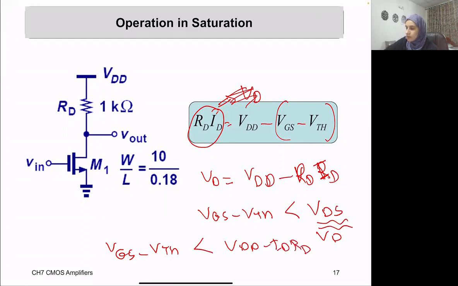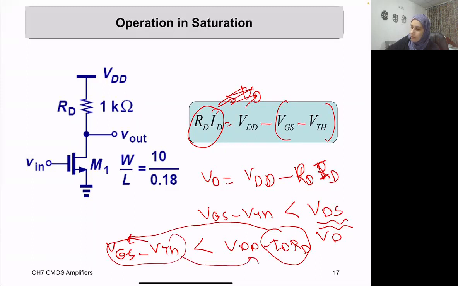And therefore, if I move this to the other side and this to this side, we will have that RD times ID should be always less than VDD minus (VGS minus V threshold). So this is a less than, in order to make sure that the transistor remains in the saturation region.